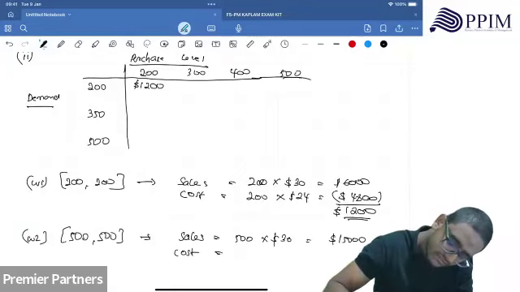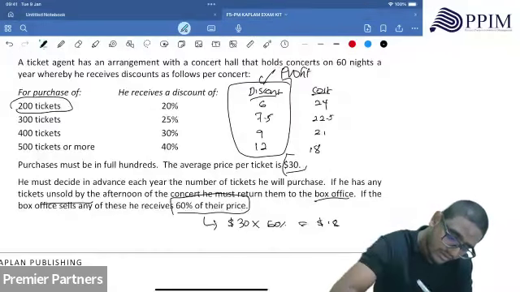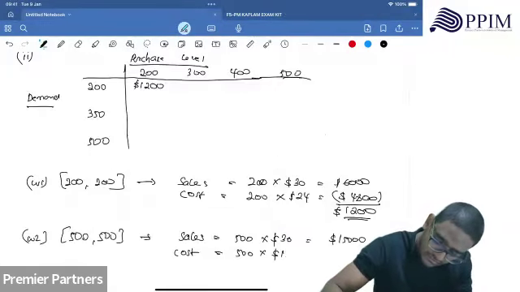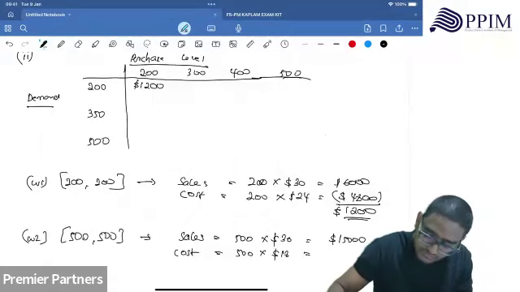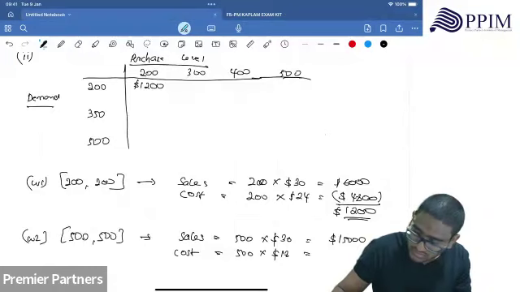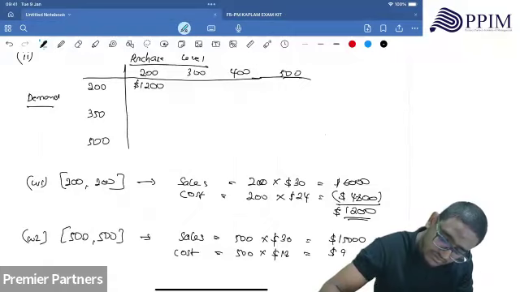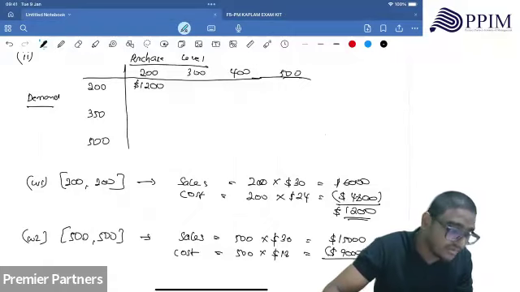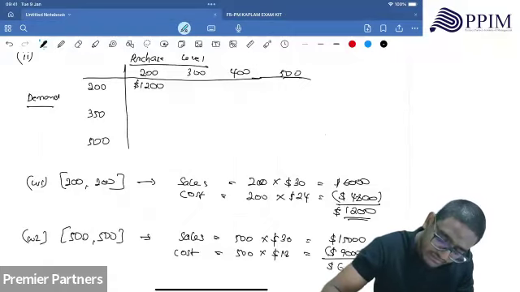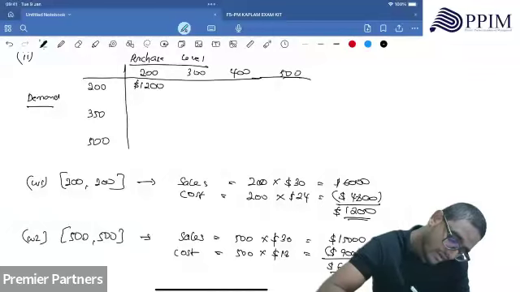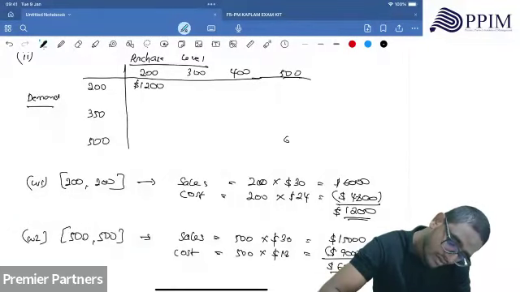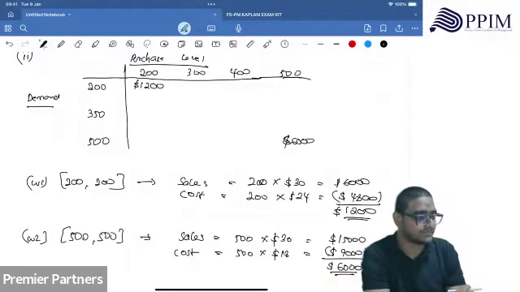Cost, 500 into 18 is 9,000. So this difference will give you 6,000, correct? That I'll put here at 6,000.